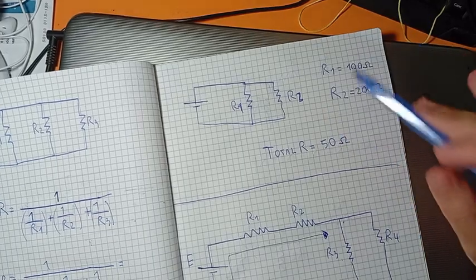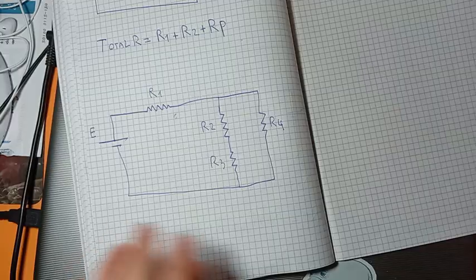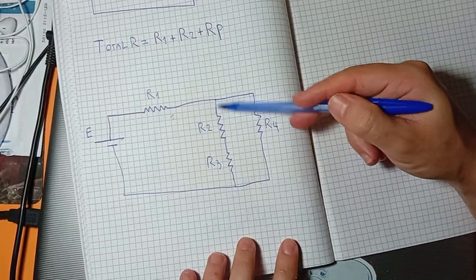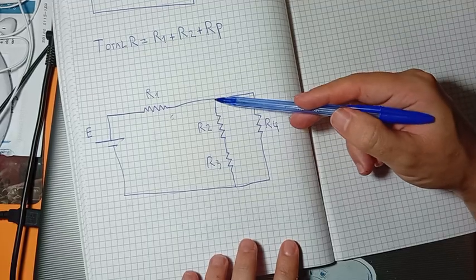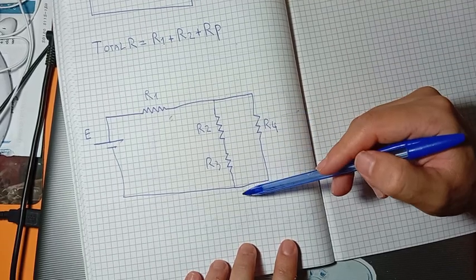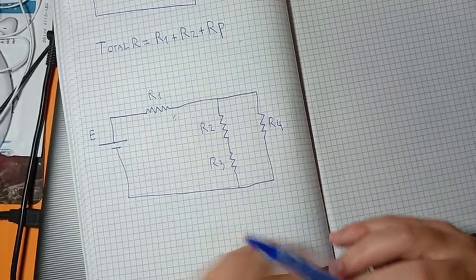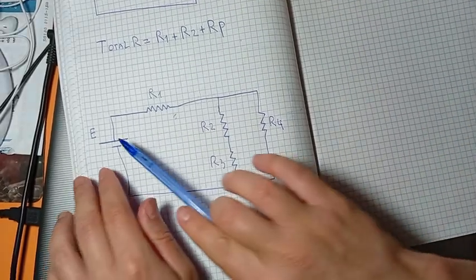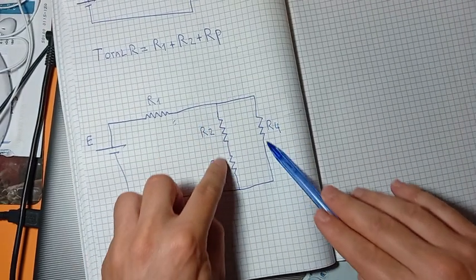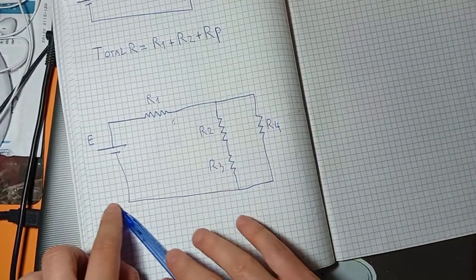Why do I say this? You'll understand it soon. In this case, I have two resistors on this branch. This is a branch. And here, I have another resistor on another branch. I say branch, imagine like the branches of a tree. These circuits begin with a single branch and then divide here into two branches and then they unite again, okay?